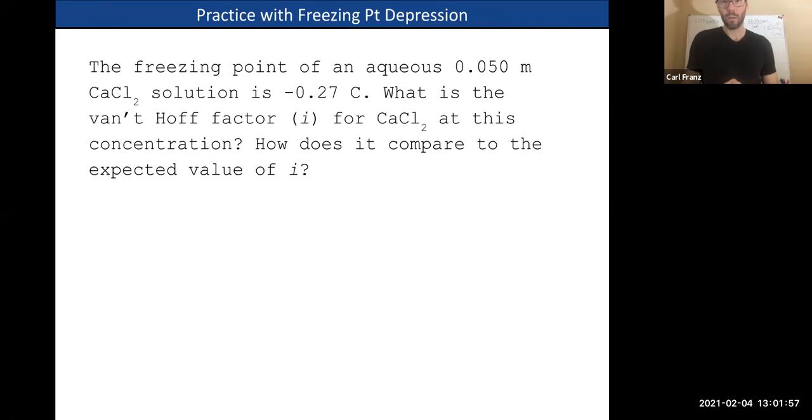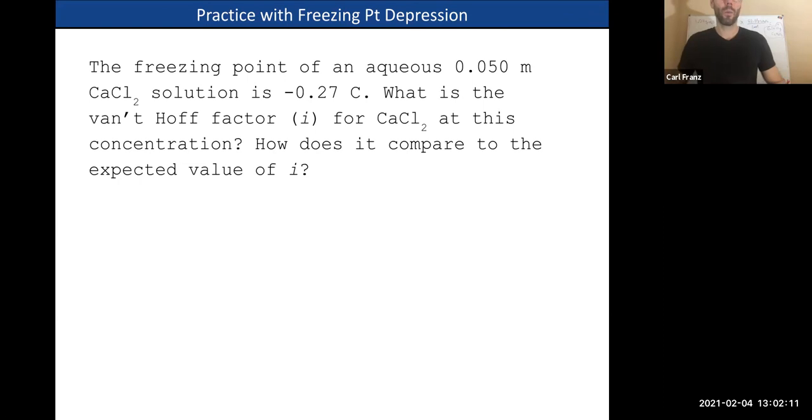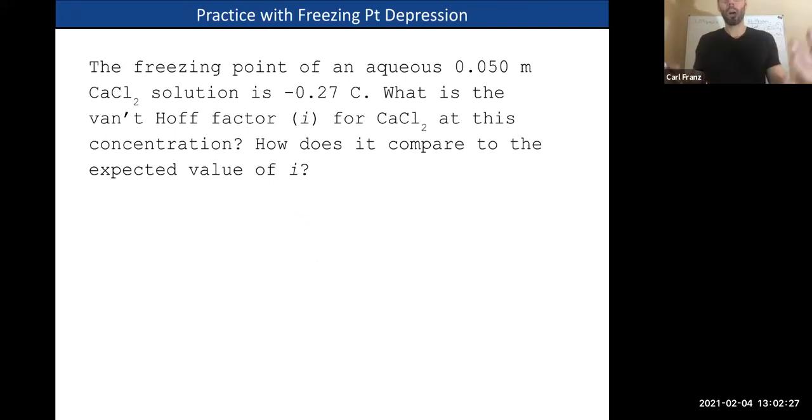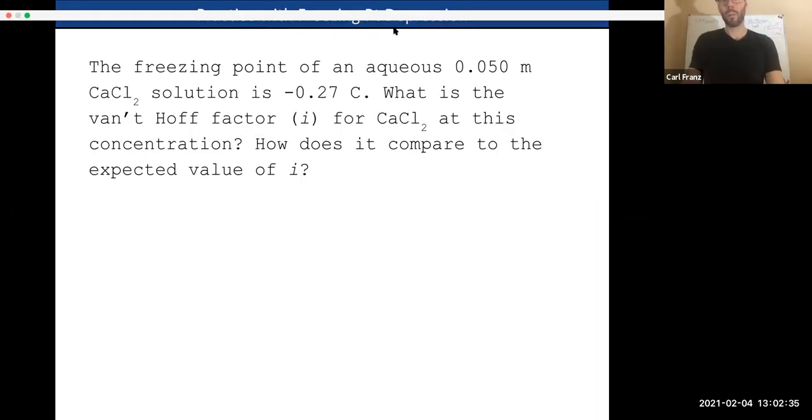So for this, I don't have the calcium chloride expected value here. But let's do a calculation and then we can talk about how to figure out the expected value of that based on what we know about some of these other ones, okay? For instance, magnesium chloride, what's that expected value? It's 3, okay? So pause, work on this, set it up with this relationship now, I, KF, molality, and see what you come up with.